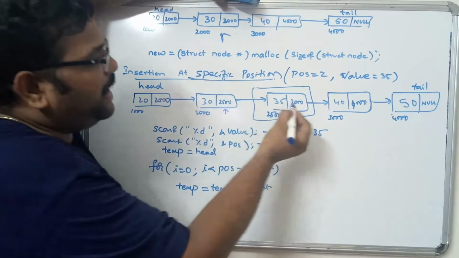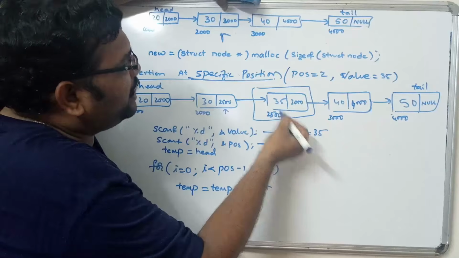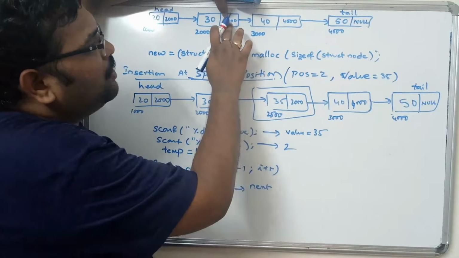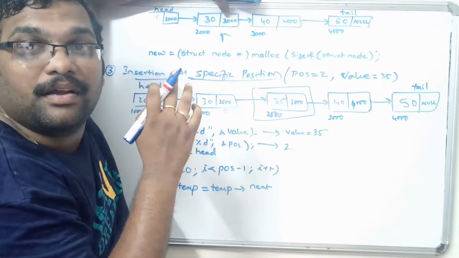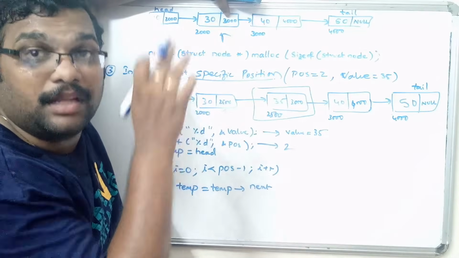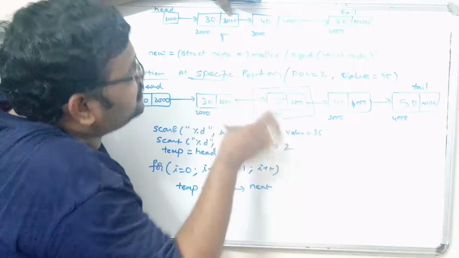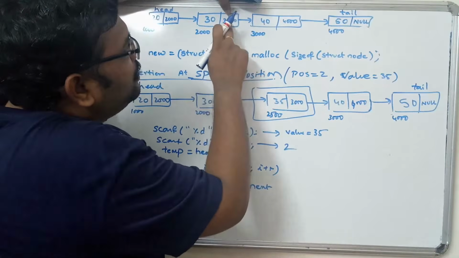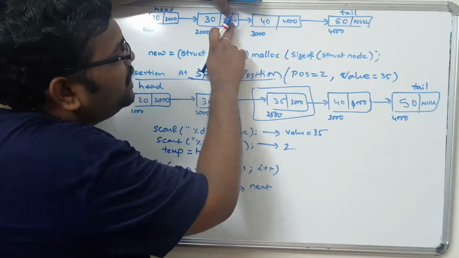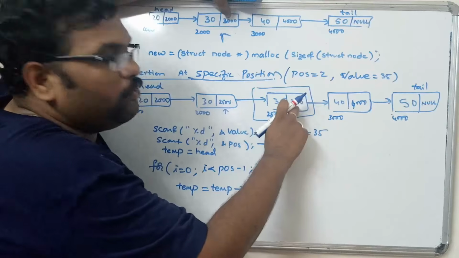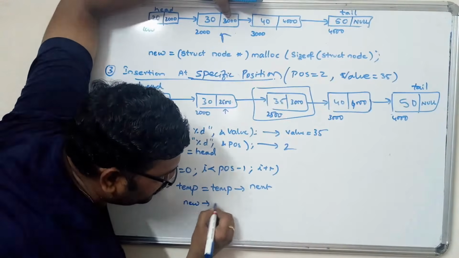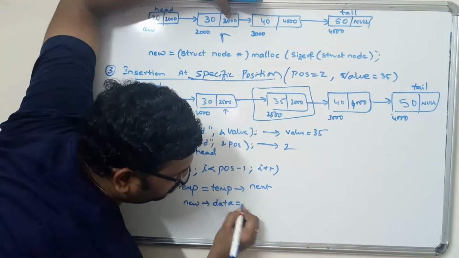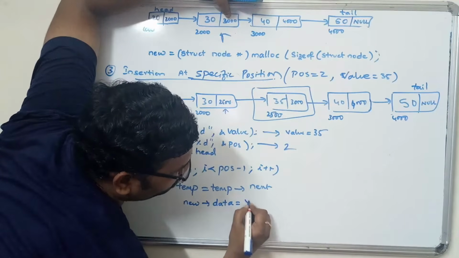So if you place this 2500 in this position, the position of the 40th node will be erased, right? So we have to follow the steps. First we have to place this 3000 in new of next. So simply one statement is common, that is new of data is equal to the value.